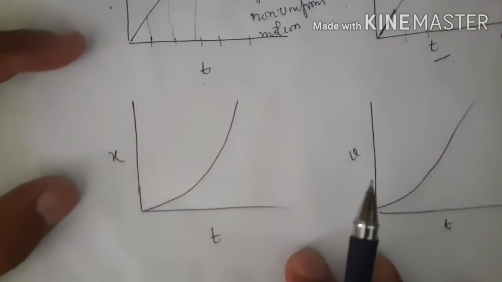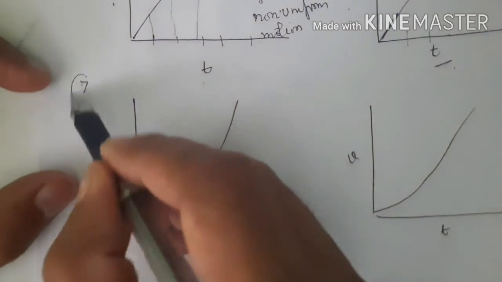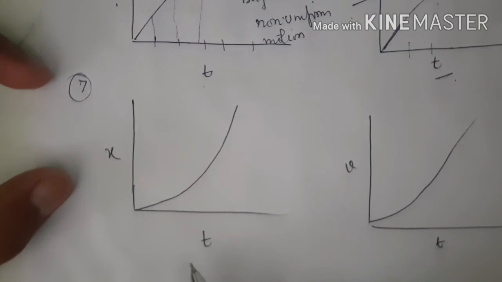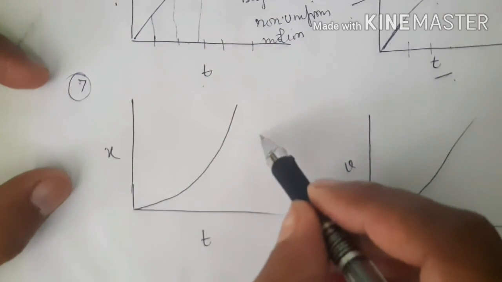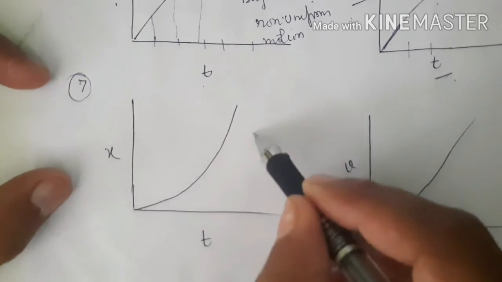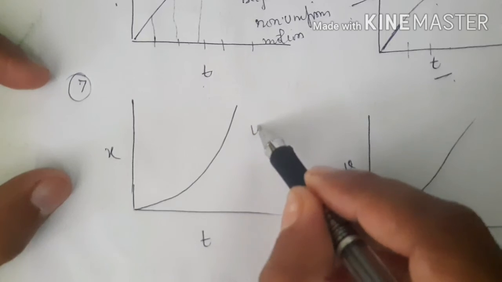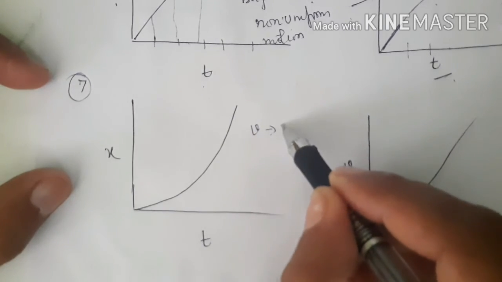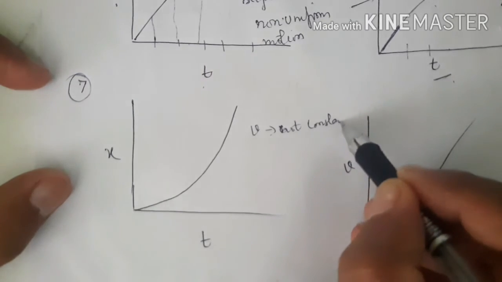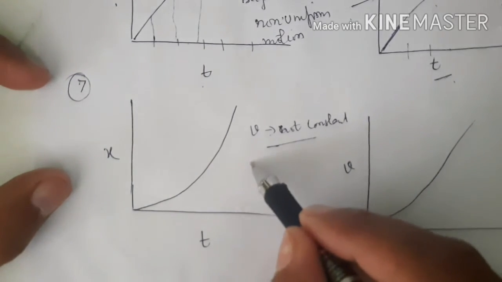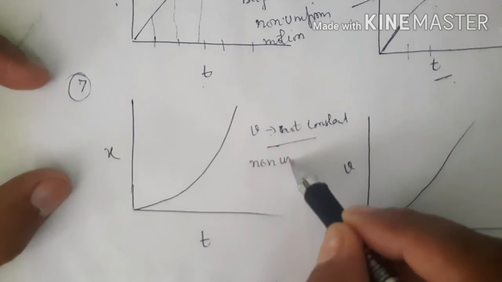The next one is our seventh graph. This graph also looks like the previous one, a position-time graph. Here the slope is not constant, which means velocity is not constant. If velocity is not constant, it is non-uniform motion.